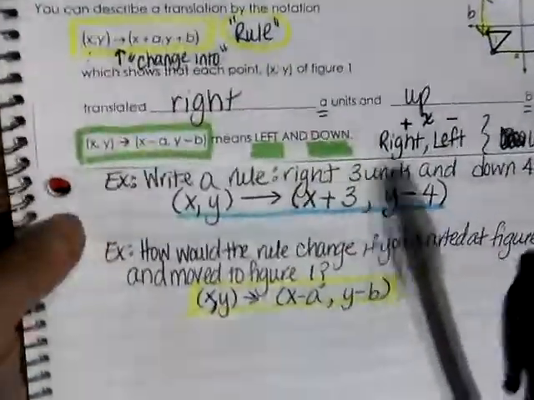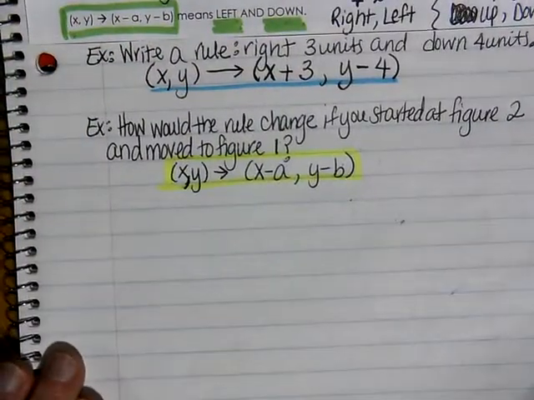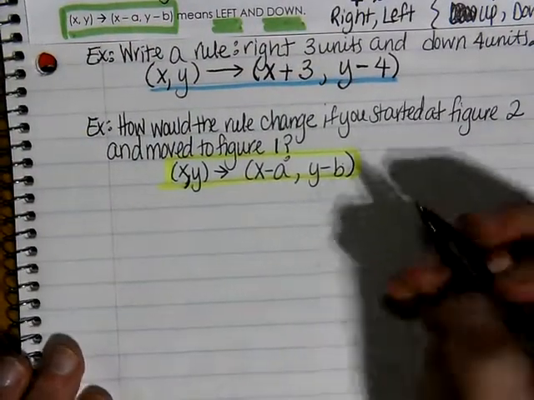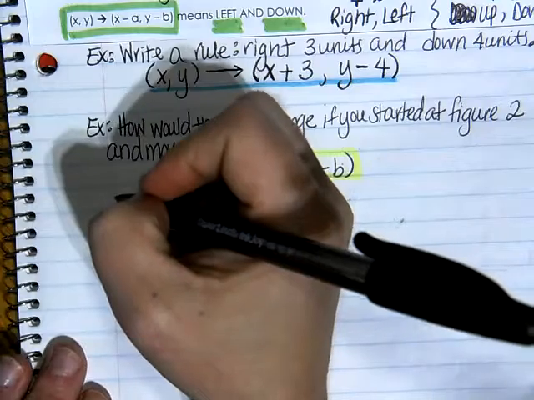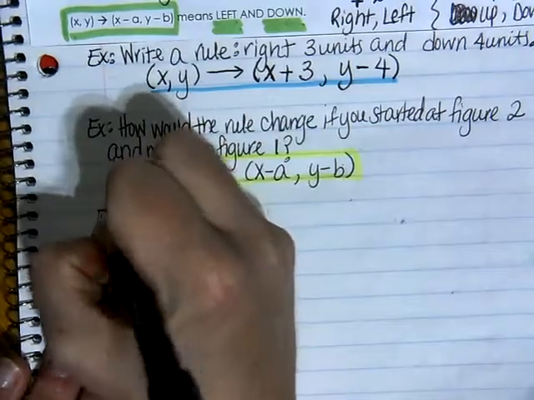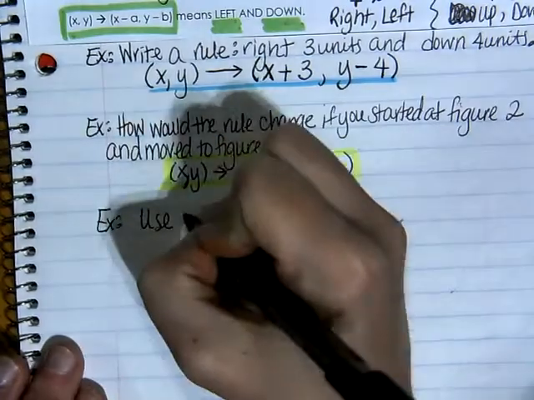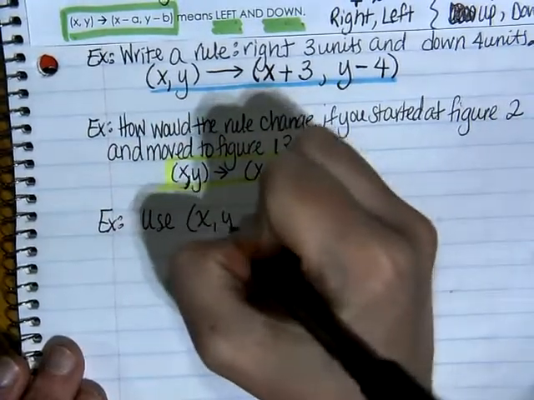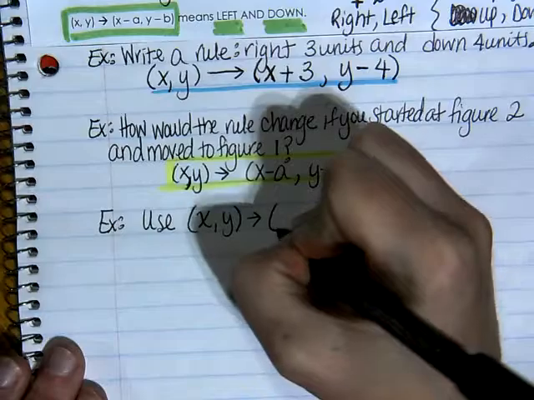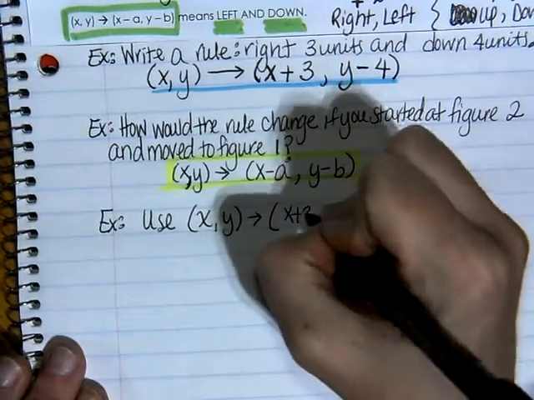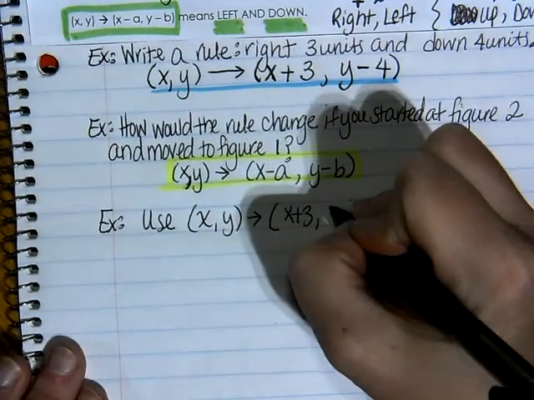Some problems that you might see in your homework as well as on any quiz or test might be something like this. Use the rule x, y changes into x plus 3, comma, y minus 4.